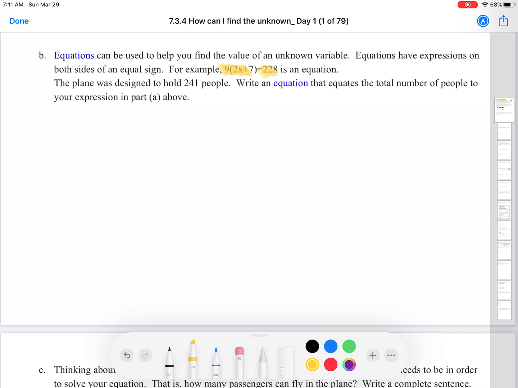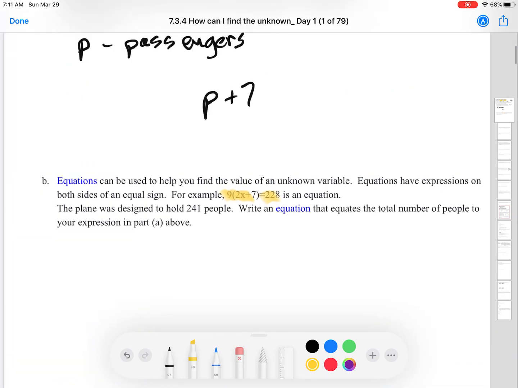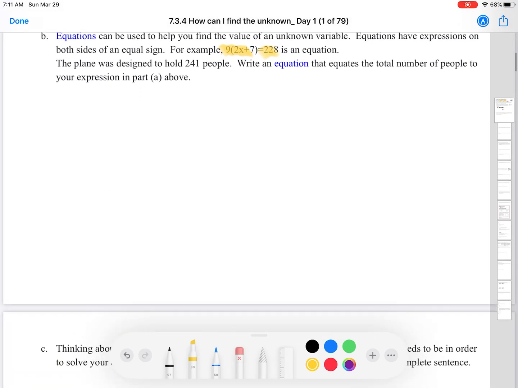Write an equation that equates the total number of people to your expression in part A. So let's go grab that. That was P plus 7. Then we need to have that equal sign. The other expression is the 241 people. That's an equation that represents the people that we have there.